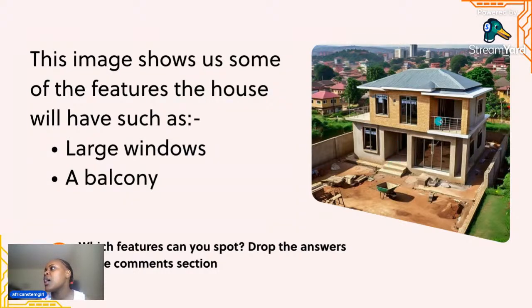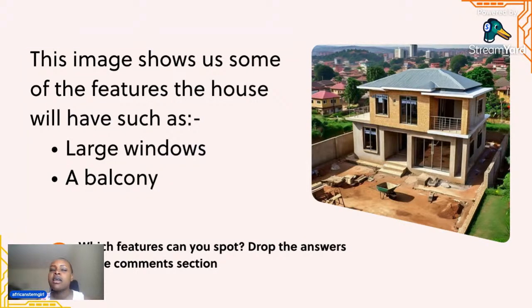We also have a balcony here, really large windows here, and some windows, same thing here. And even a roof, of course. So this structure of the house gives us an idea of the different parts that will be there.